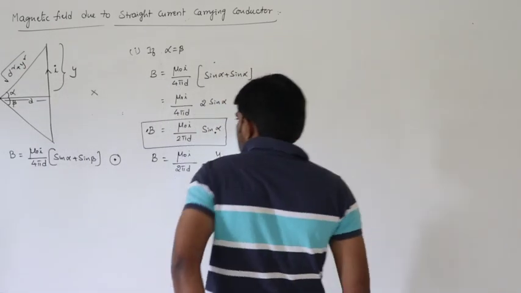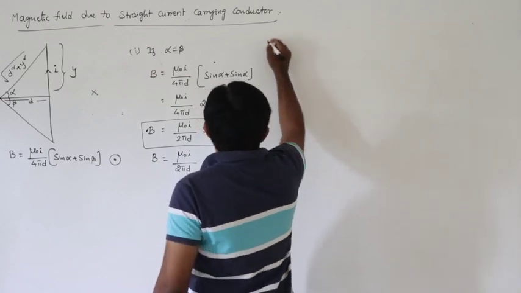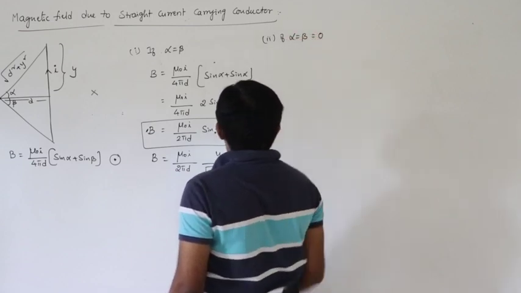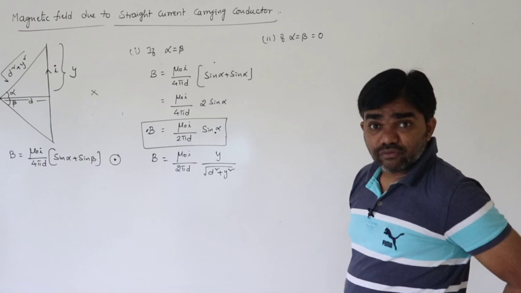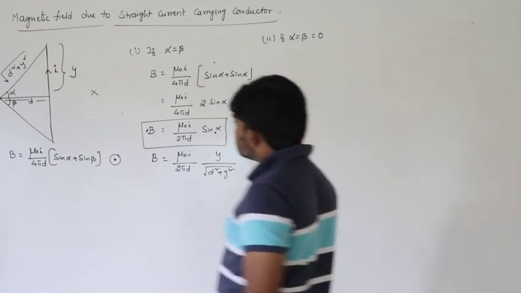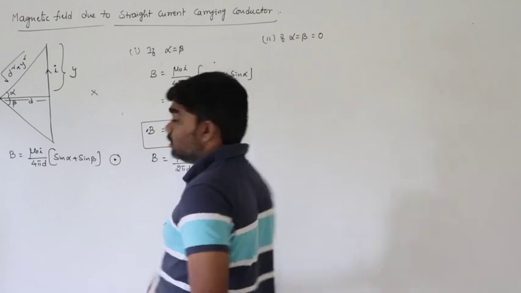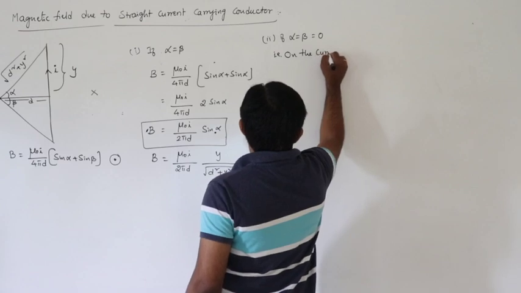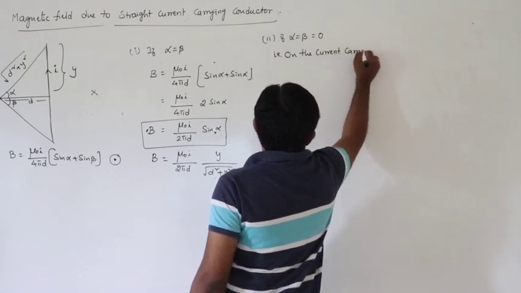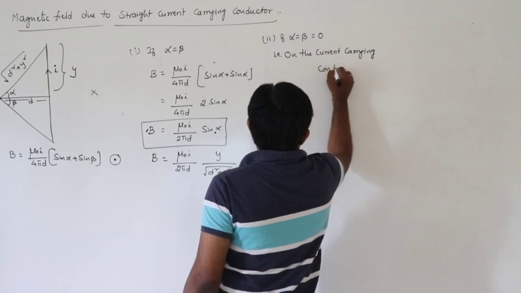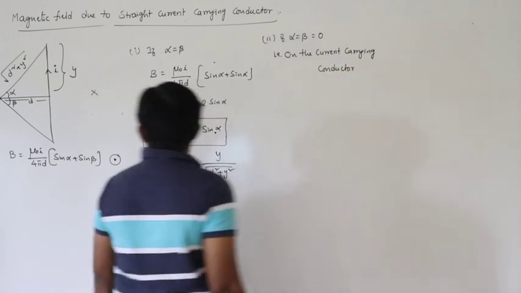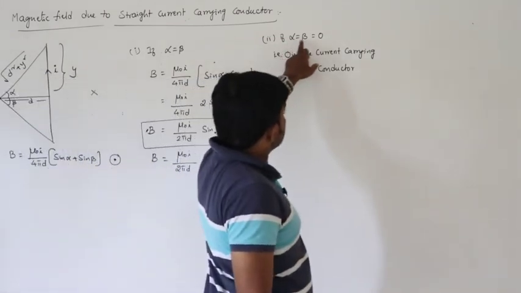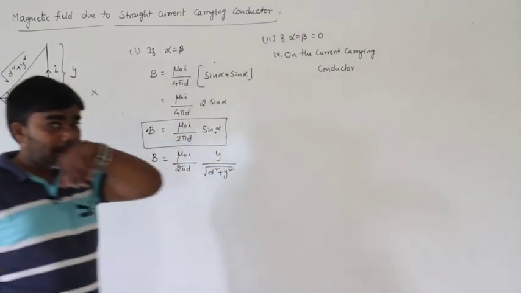Now the second situation: if alpha is equal to beta is equal to 0. Where is this situation possible? That means on the current carrying conductor. So alpha equals beta equals 0 on the current carrying conductor.